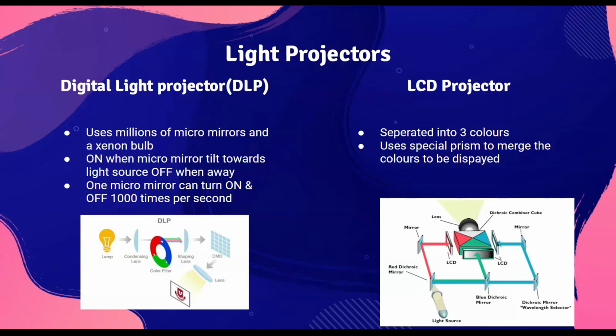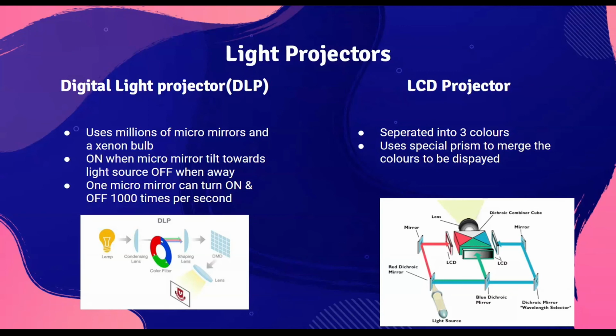If it is a red filter, it will only allow red color. The color filter has three colors separately which will be rotating. So when the light from the condensing lens passes through the red color filter, red light will be allowed.